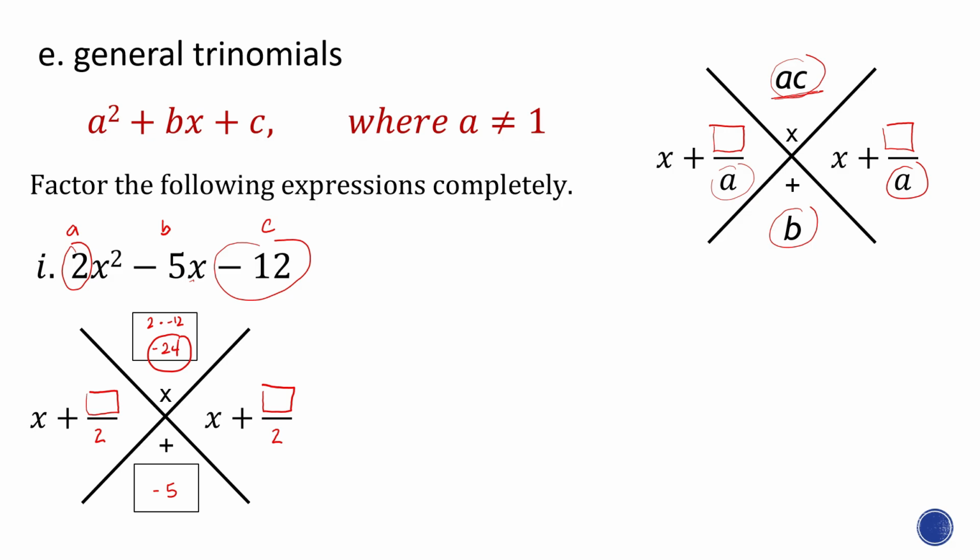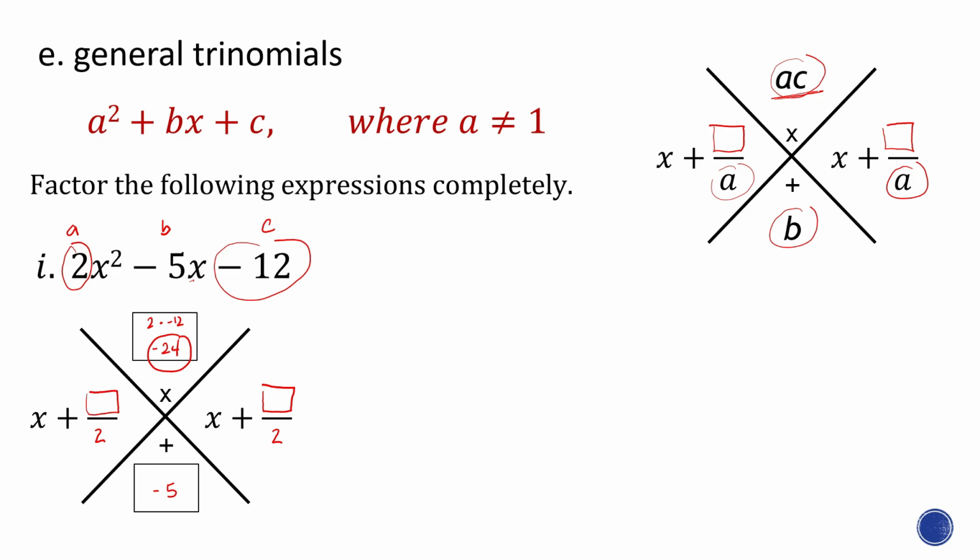So here we should look for two numbers that when multiplied the answer is negative 24. So that's the multiplication. That's the reason we have the multiplication symbol there. And then when added, the answer is negative 5. Now I know there's going to be a lot of options here, but let's try to minimize the number of pairs that we will write here.